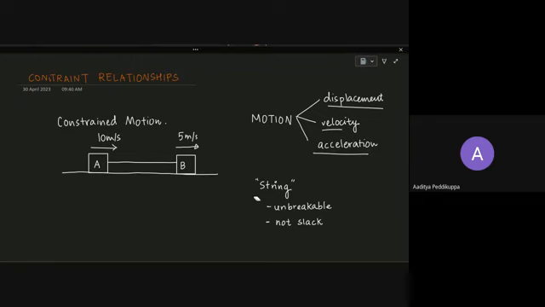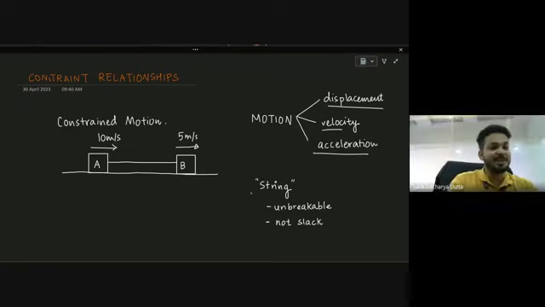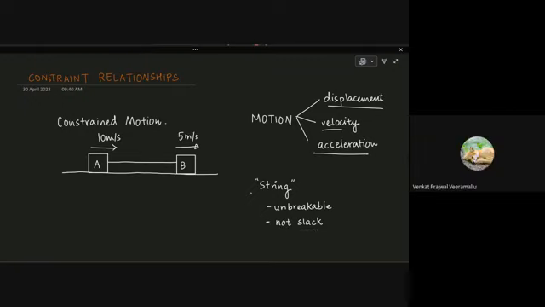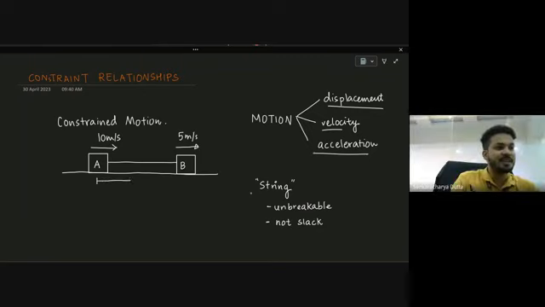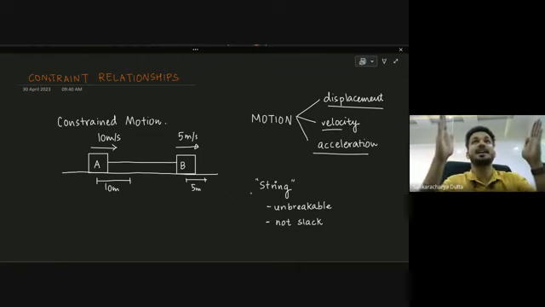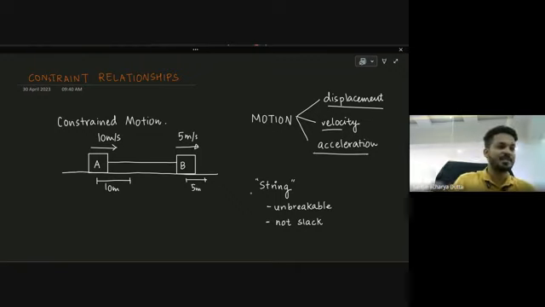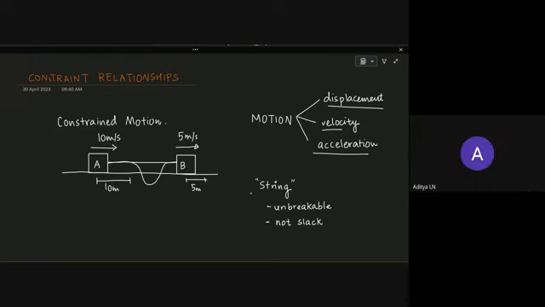Because it's not allowed to slack. This is why I think this will make clear whoever was asking about the slack. Block B will accelerate and block A will decelerate a little bit. So this thing has come by a distance of 10 meters, but this thing has gone only by 5 meters. So the distance between A and B has decreased. So that means the string will somehow become like, I don't know, like this. I know the answer. The string becomes shorter.